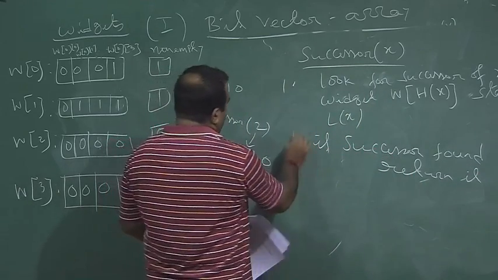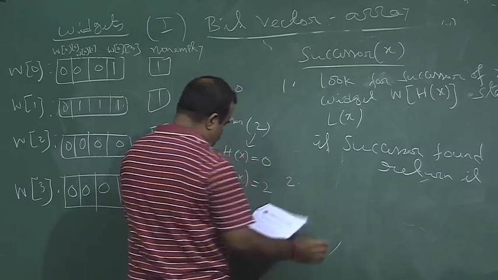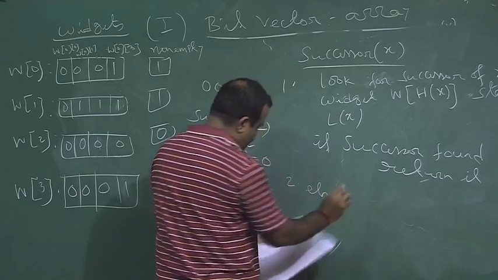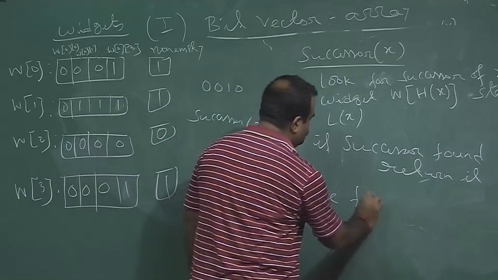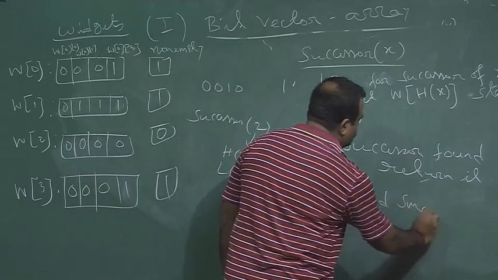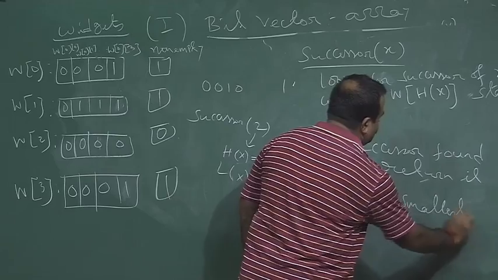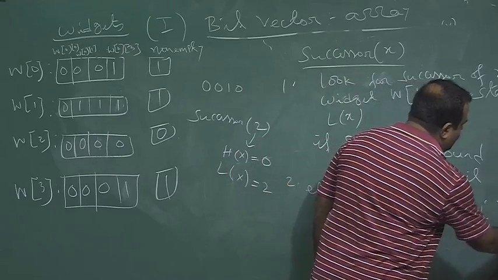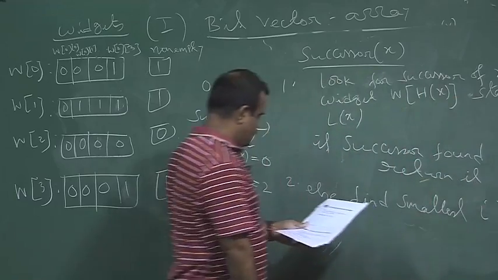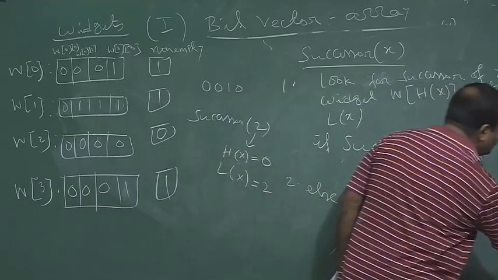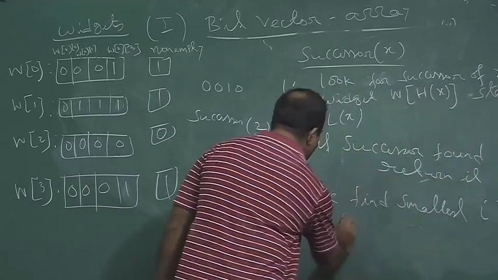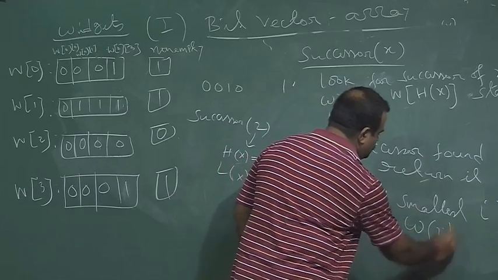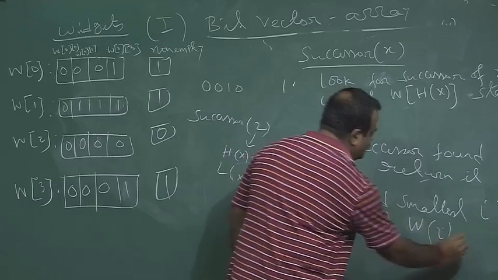Otherwise, else look at the smallest i greater than high of x for which W i, this widget, is non-empty.